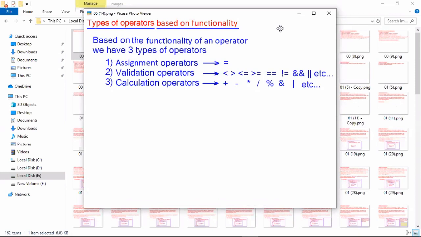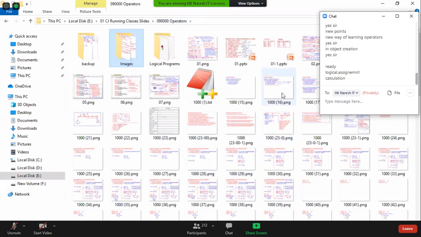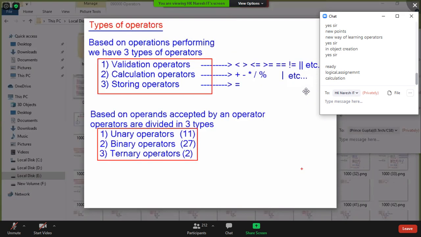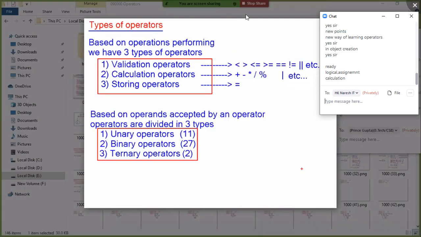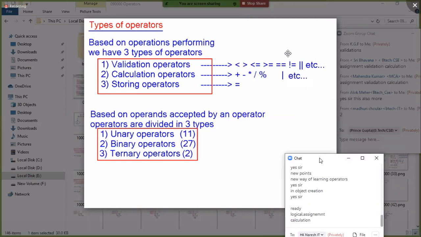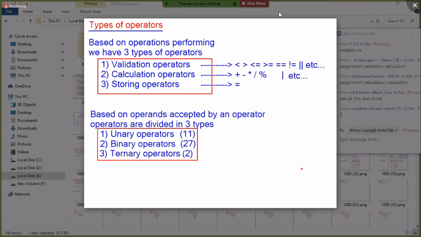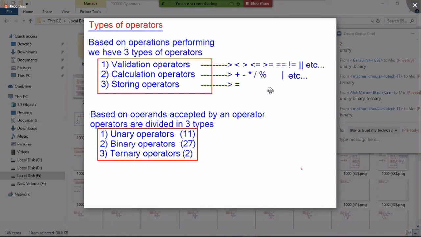Tell me, what are the operators we have based on operands?